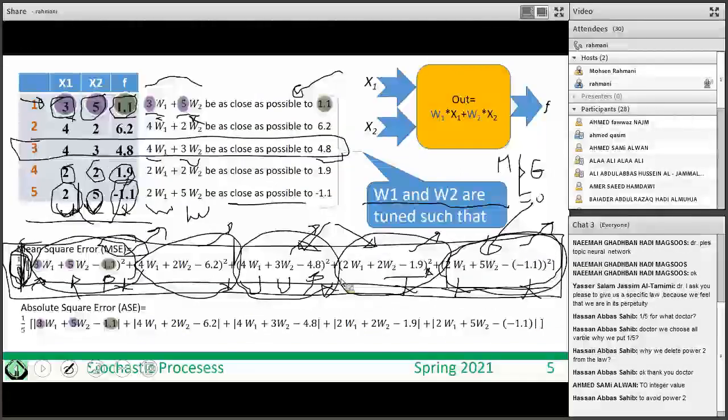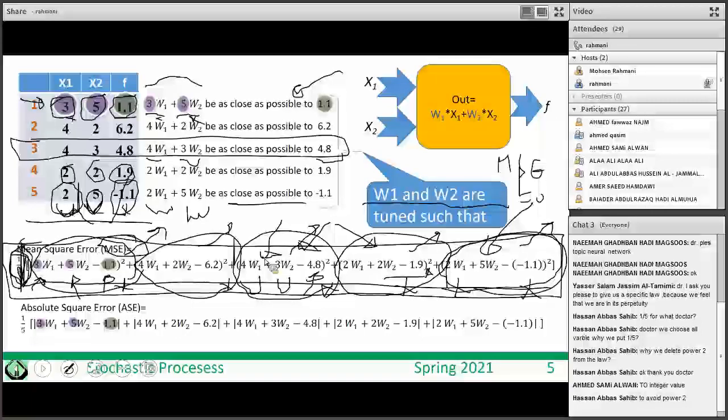If I want to have a conclusion on this part of my presentation, the problem here is to find W1 and W2 such that we can minimize this.